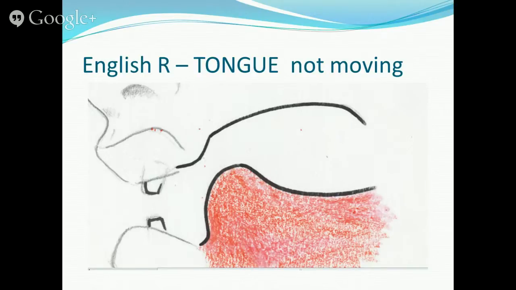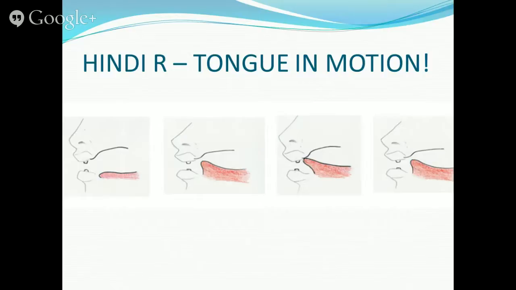This is how the tongue looks when you say the English R. Notice you can say it all day. Your tongue does not move in your mouth. It just curls up like a wave. That's how you make the English R. The Spanish R and Hindi R, for that matter, are completely different because your tongue has to move.